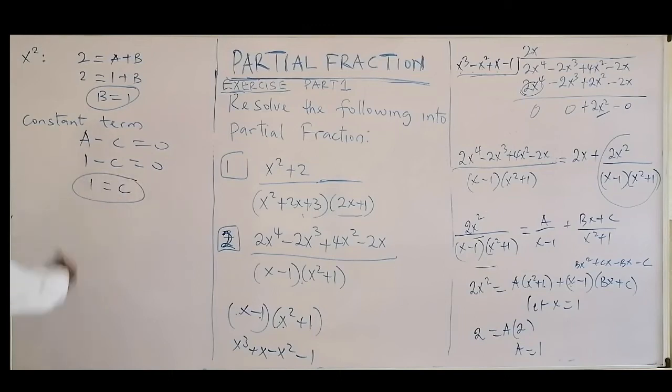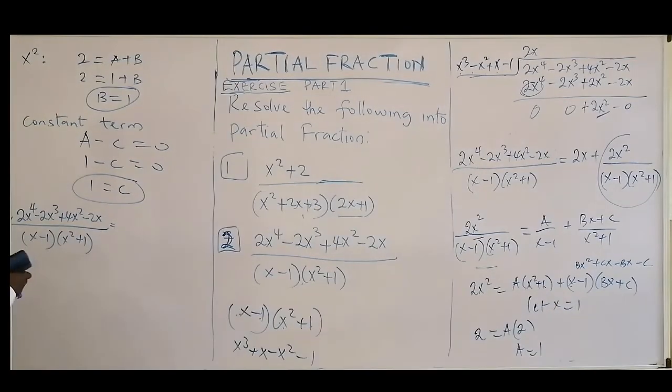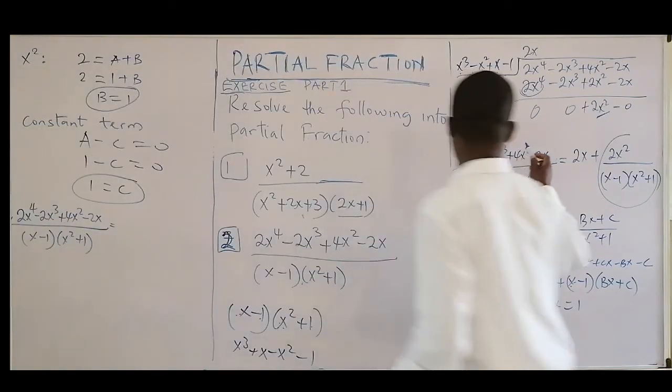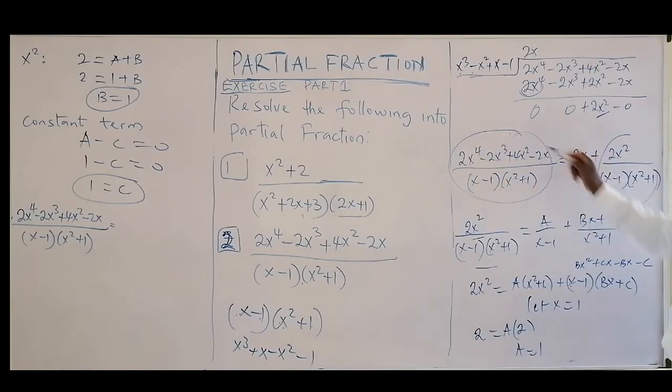So that's that. So my fraction will now become 2x^4 minus 2x^3 plus 4x^2 minus 2x all over (x minus 1) into (x^2 plus 1). Note this is the fraction, equal to 2x.